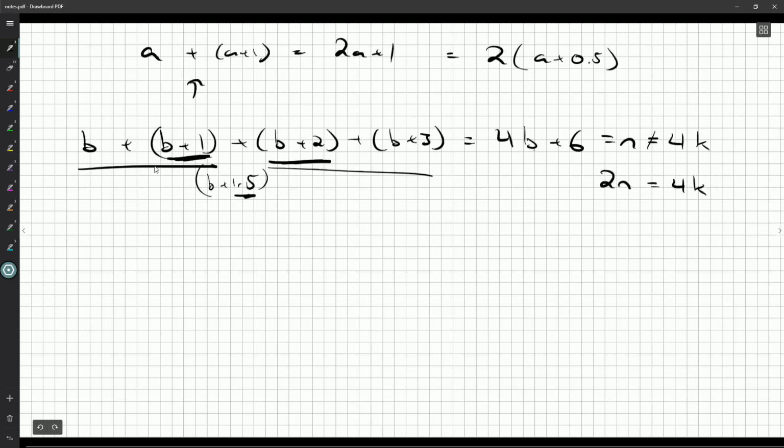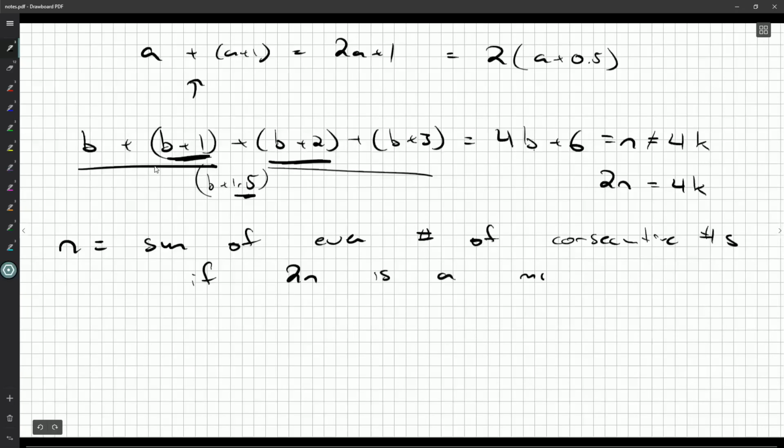Okay, so n is a sum of an even number. And you can check this works for 6 and 8 as well. I'm just trying to shortcut some observations. So the sum of an even number of consecutive numbers works if 2n is a multiple of that even number, but n is not.